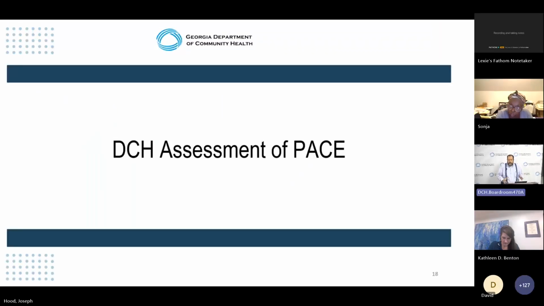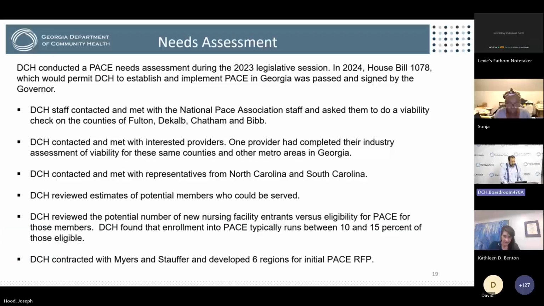So what did we do? One of the first activities we did was a DCH assessment of PACE. During the 2023 legislative session in 2024, House Bill 1078 permitted DCH to establish and implement a PACE program in Georgia. It was passed and signed by the governor.